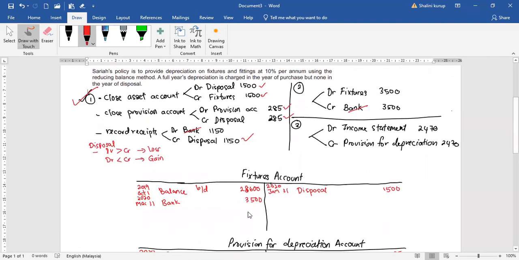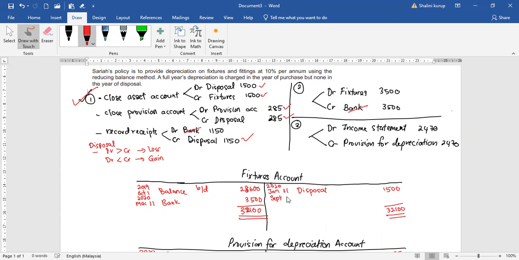So time for you to close this account. Obviously, this side is bigger, greater. So this will be 28600 plus 3500 is 32100. So here also it is 32100. So obviously this will be 2020. Our closing is September.